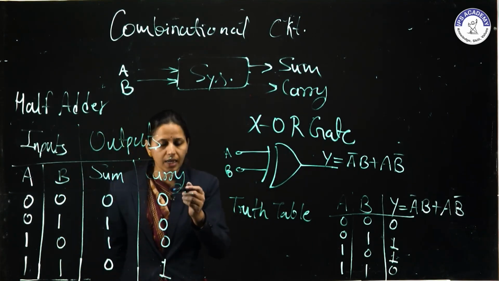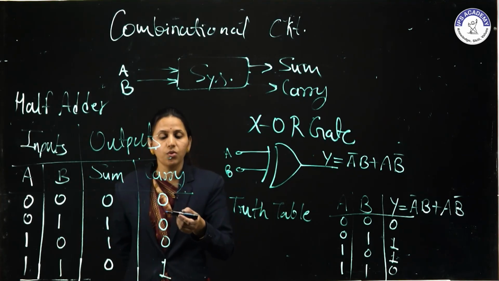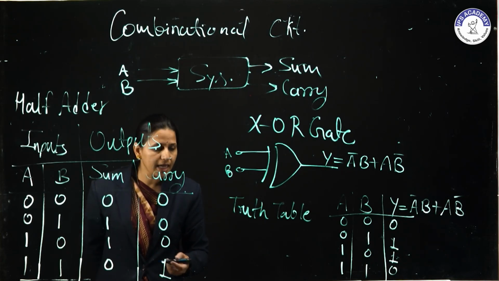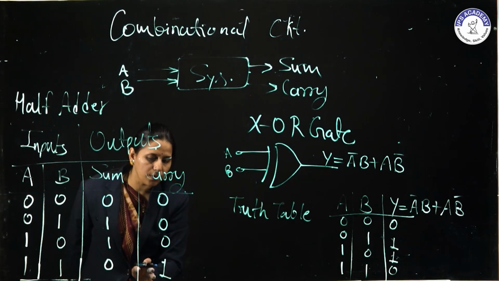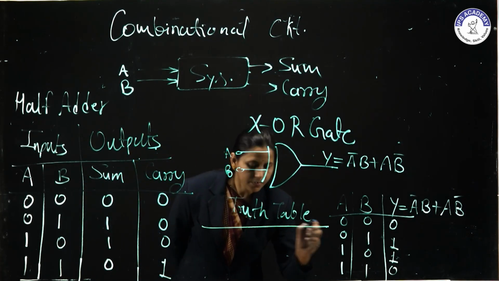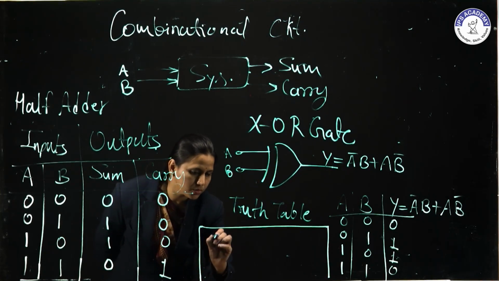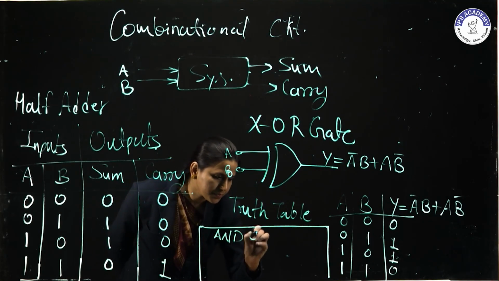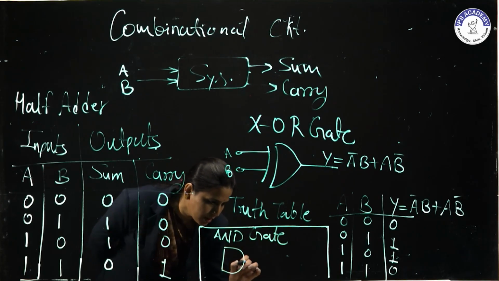Now for carry, we again need to find the gate. We can see that the output of the carry is 0 0 0 1. So if we are using an AND gate, this is the symbol of the AND gate.